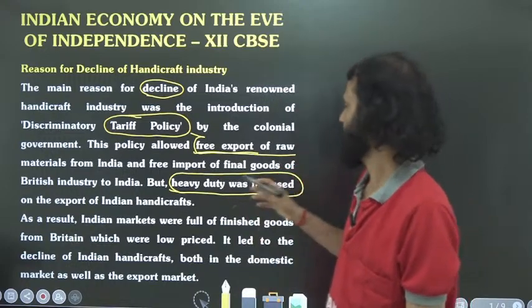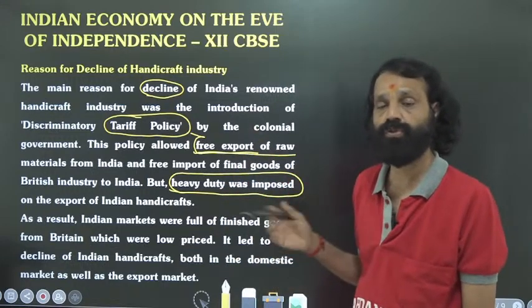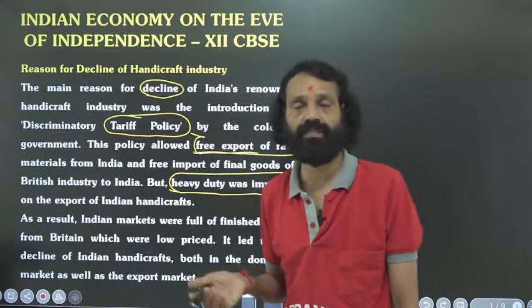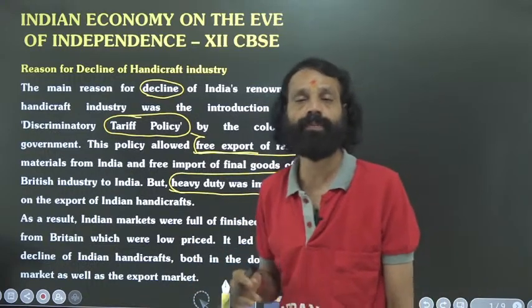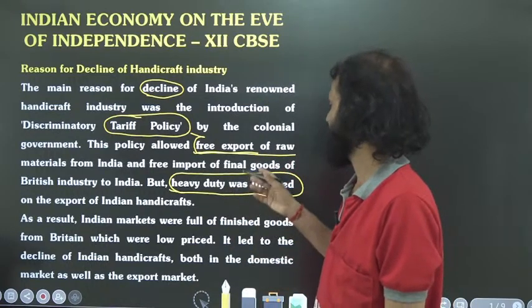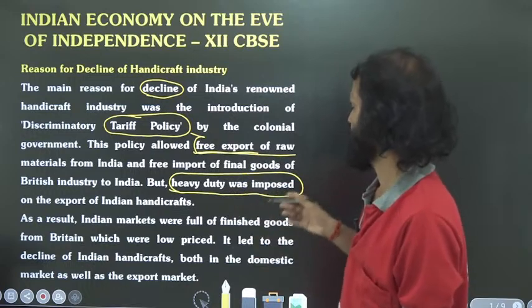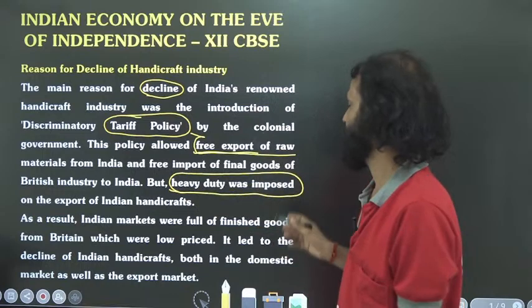Then they made new products, finished goods, in Britain. After that, they brought all those finished products to India and sold them in the Indian market. So our people had to buy their products.